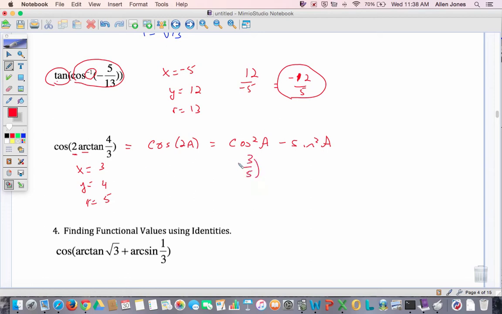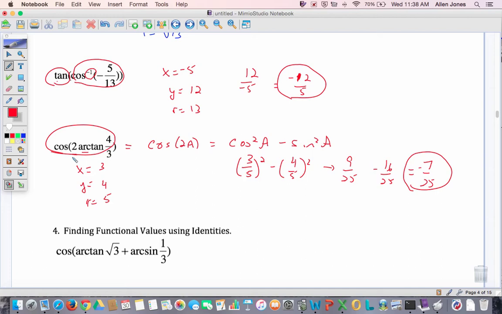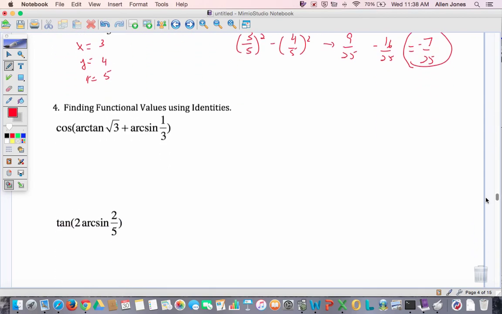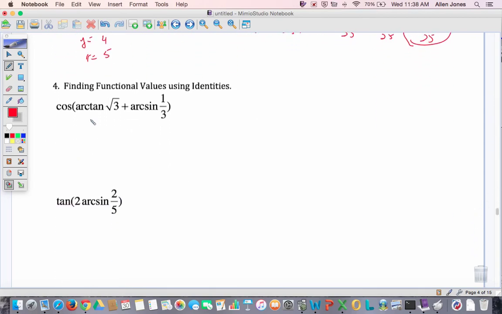So we have a 4 and a 3. That does give us a 3, 4, 5 triangle this time. And now we can find our double angle by using these values. Cosine is 3/5, so 3/5 squared. Sine is 4/5 squared. So that gives me 9/25 minus 16/25, or negative 7/25 as my value for this overall compound function.